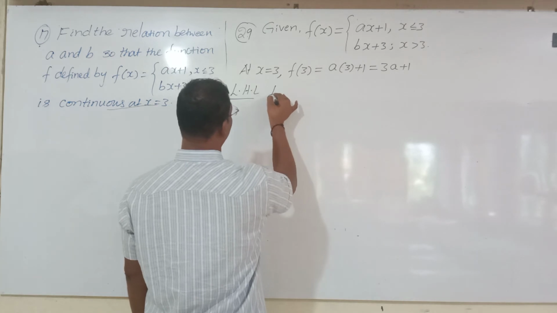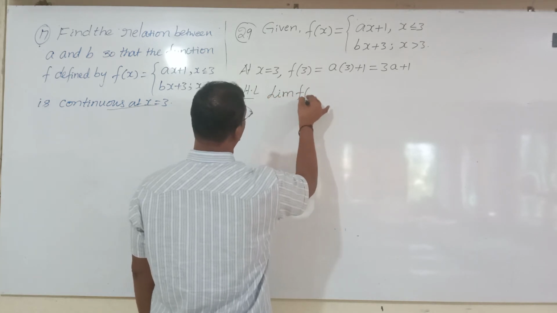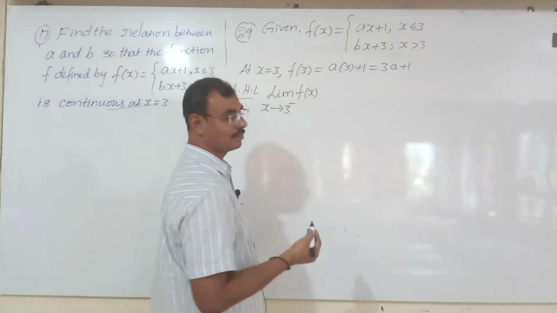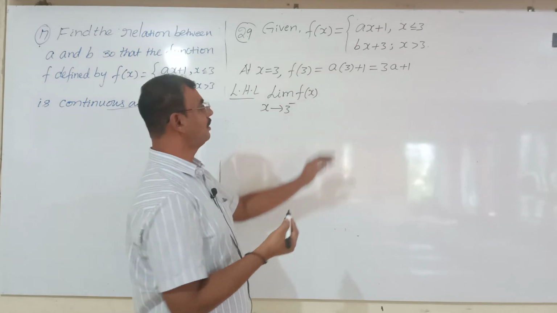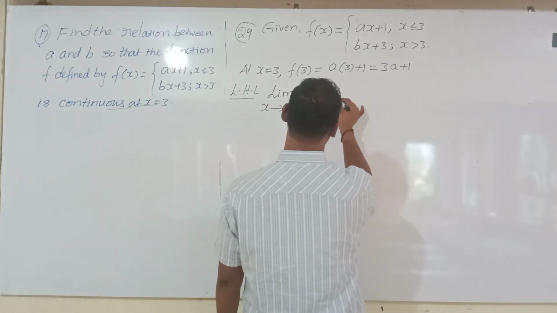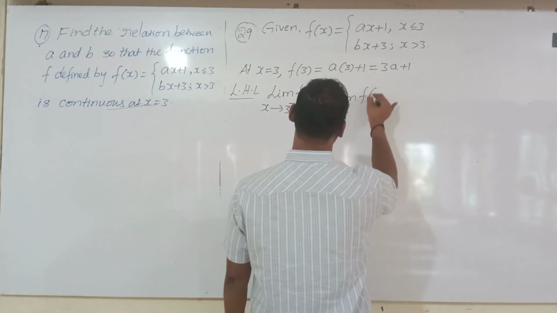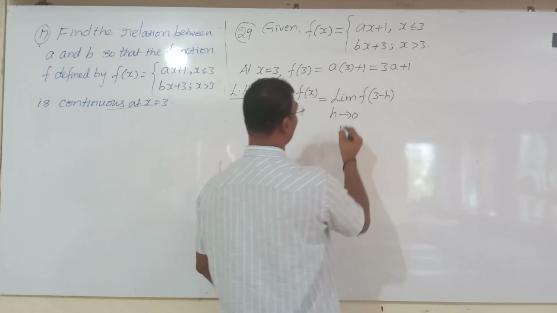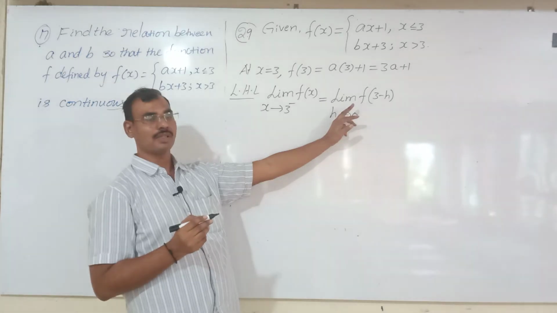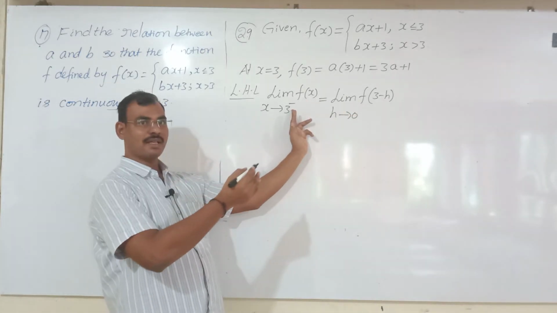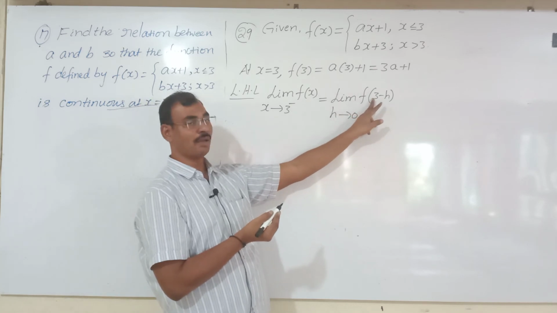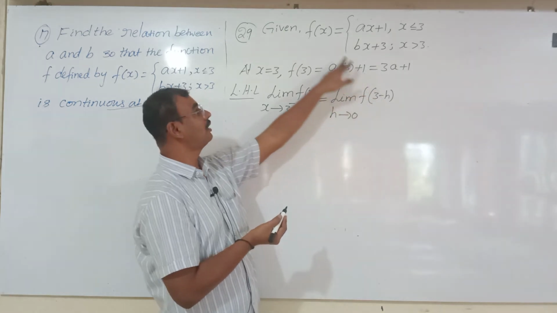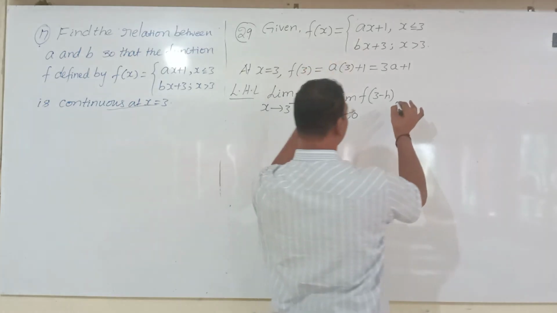So what is the limit of f of x as x approaches 3 from the left? I write it as the limit of f of 3 minus h as h tends to 0. Does it give the same meaning? Yes, from the left hand side, smaller than 3, I write 3 minus h. When x is smaller than 3, the function is ax plus 1.